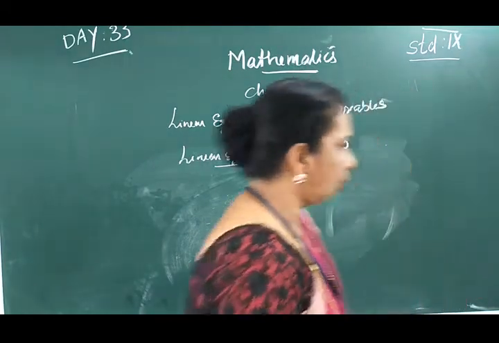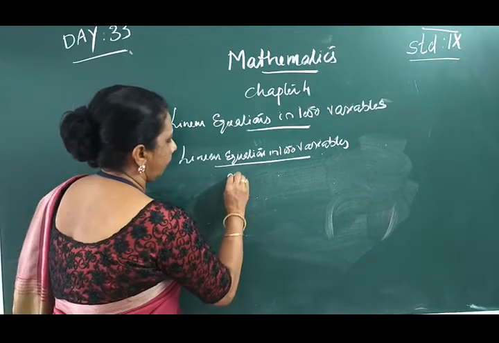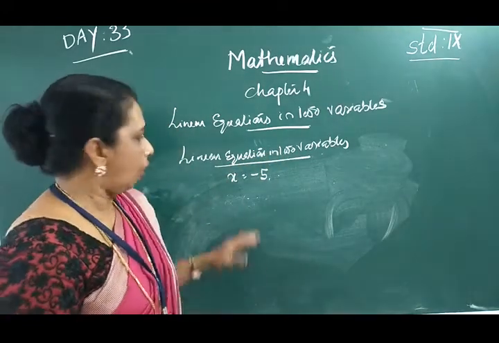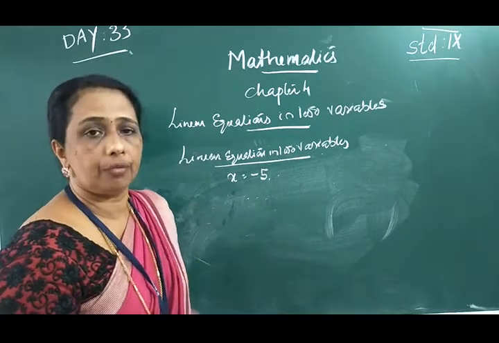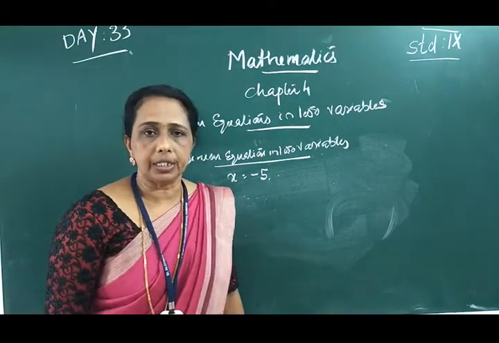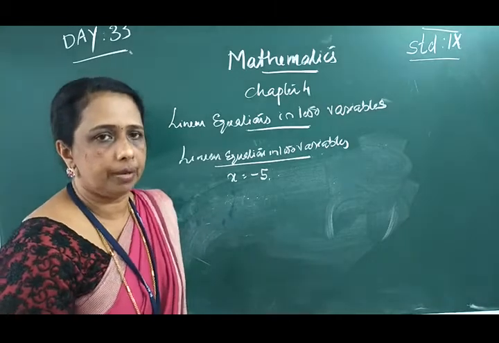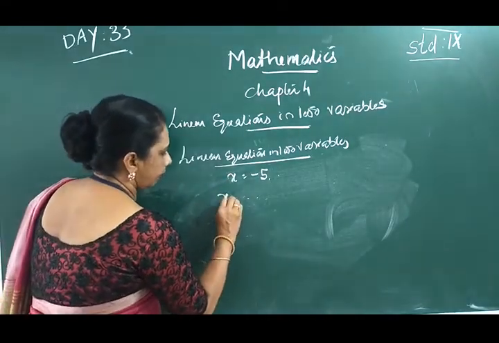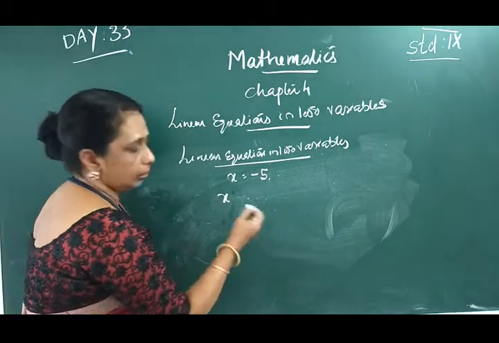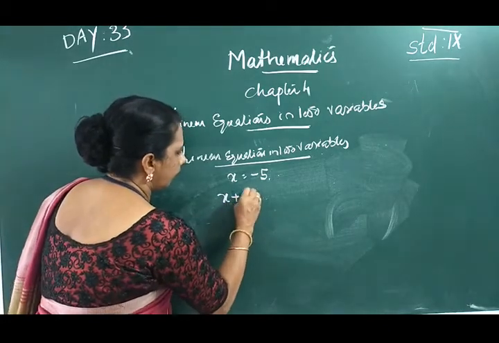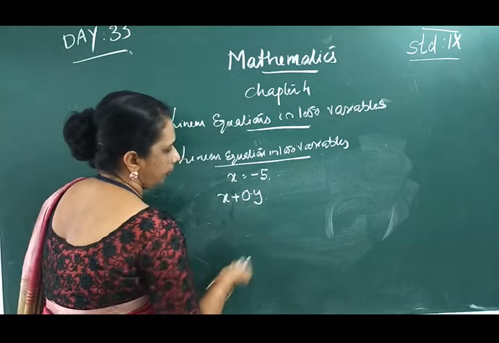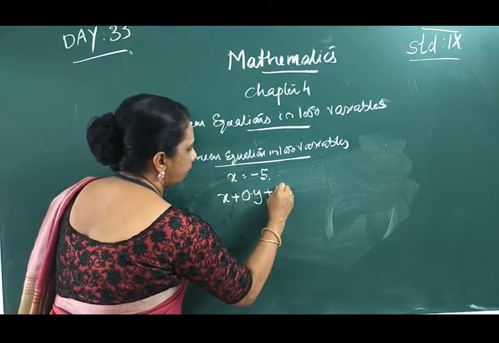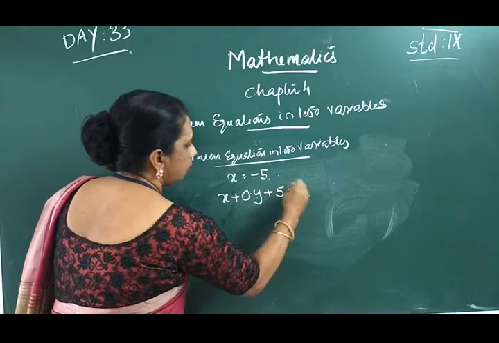x is equal to minus 5. How can we rewrite this in the form of a linear equation in two variables, that is ax plus by plus c is equal to 0? The x term is here, that is x. The y term is not here, so we can put 0y. The constant term is on the right hand side; taken to the left hand side, it will become plus 5 equal to 0.